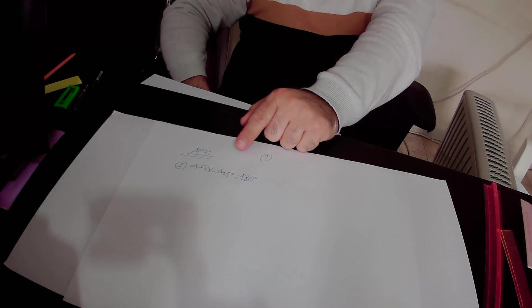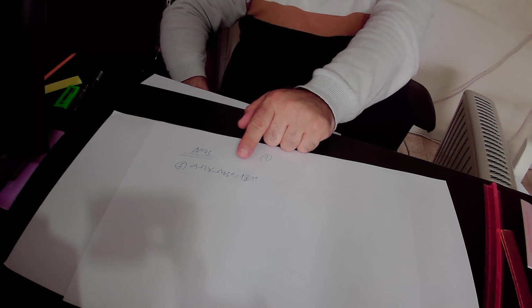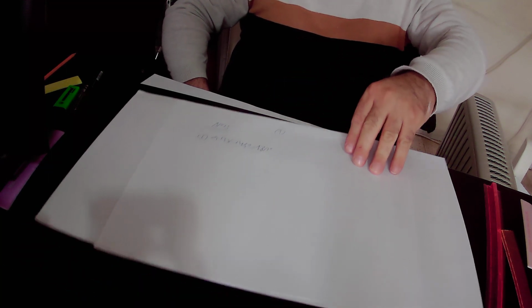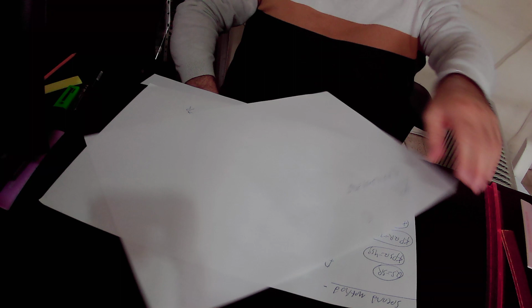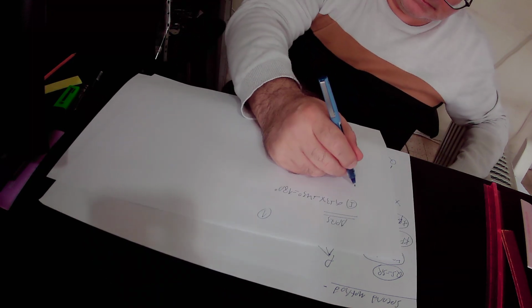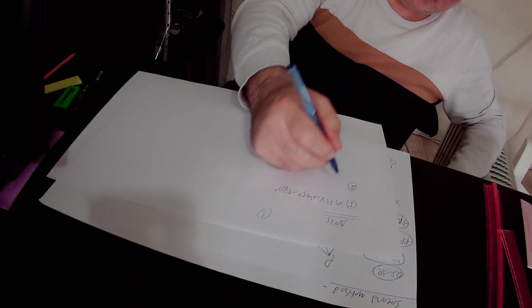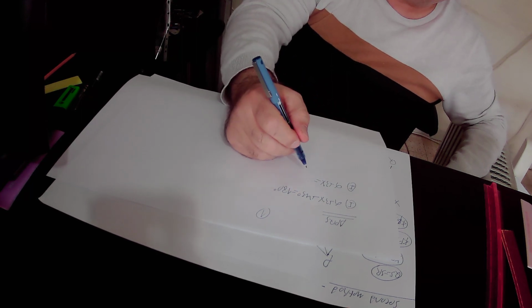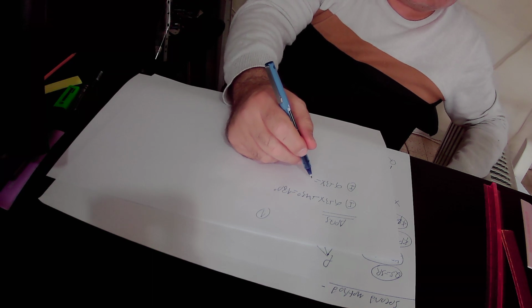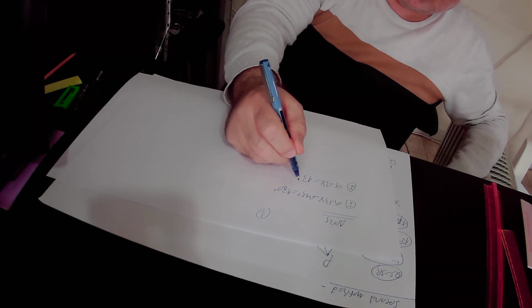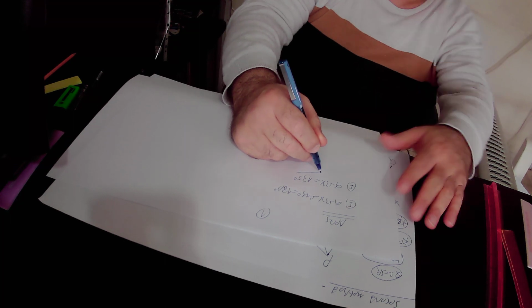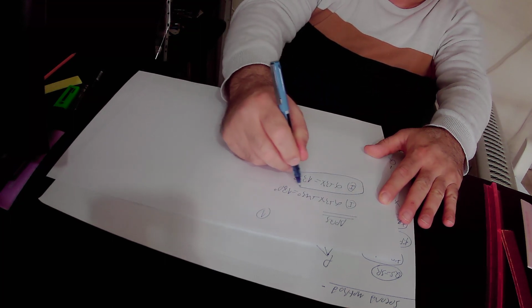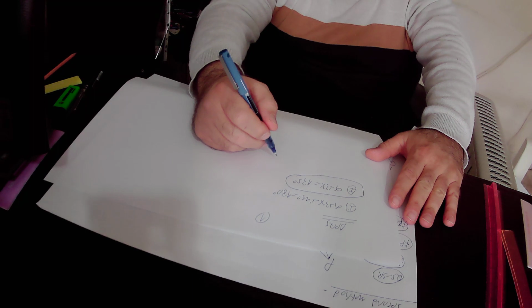We will subtract 45 degrees from this equation, and we will get that alpha plus 3x equals 180 degrees minus 45 degrees, which equals 135 degrees. So we got equation number 1 that states that alpha plus 3x equals 135 degrees.